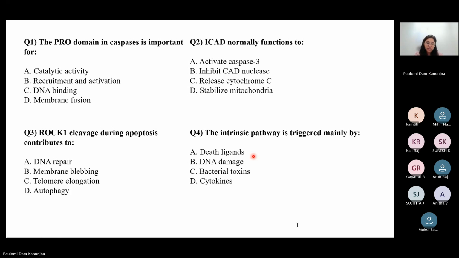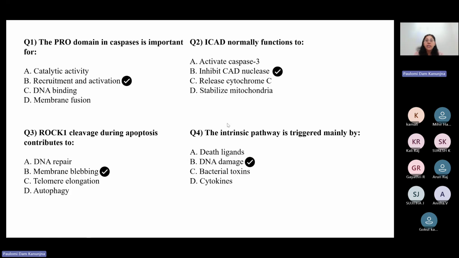Anyone else? All right. I will just move ahead. Okay, so all B's in this set.